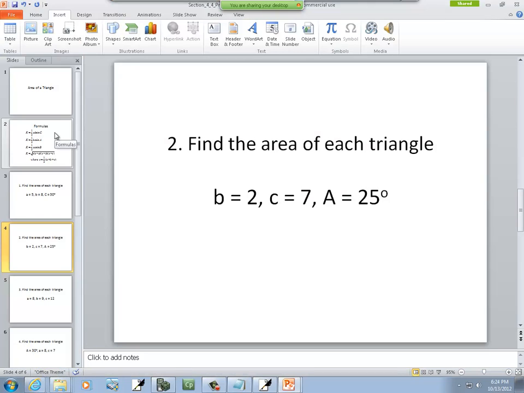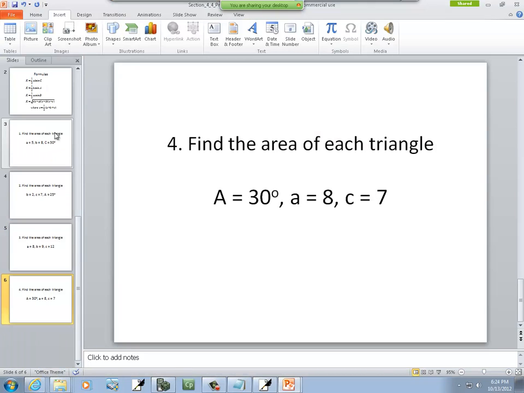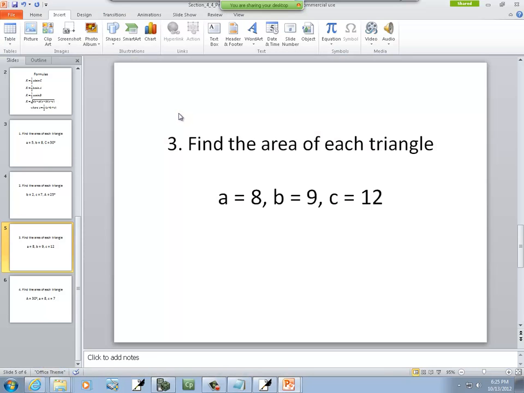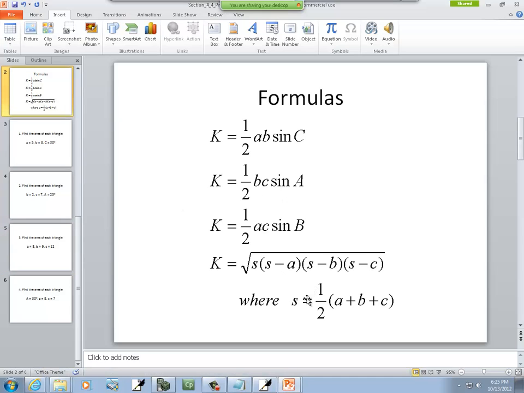Let's look at our third example. We're given A is equal to 8, B is 9, and C is 12. So we know our three sides. That's Heron's formula. So we're going to go down to our bottom formula here.